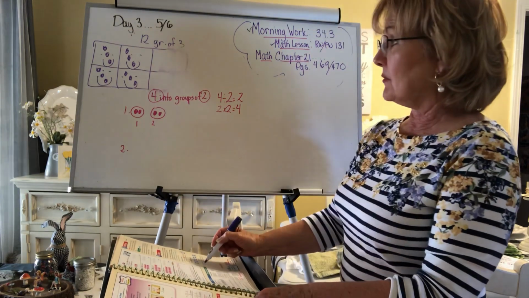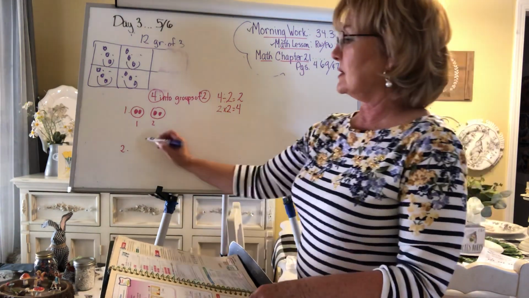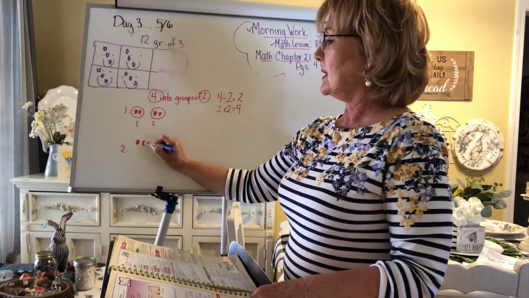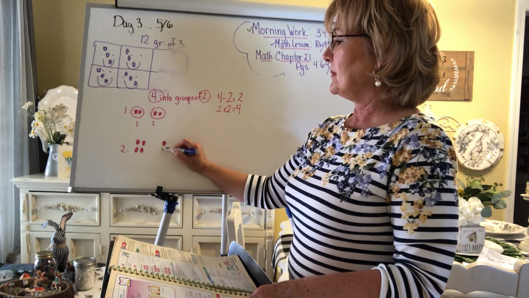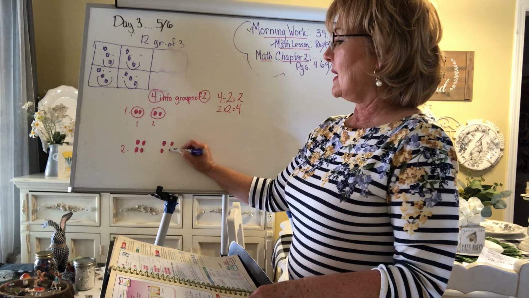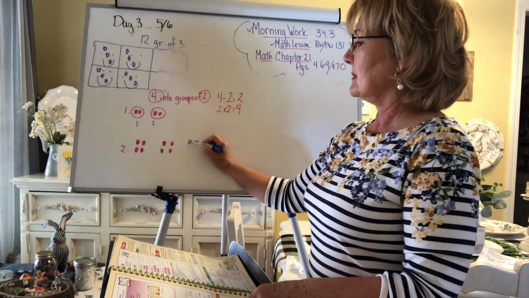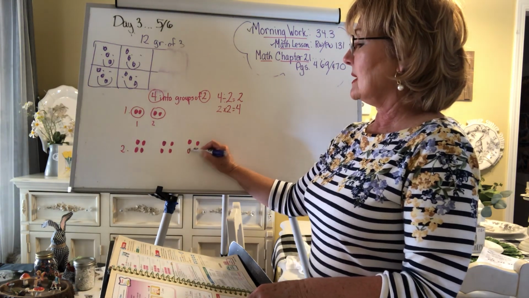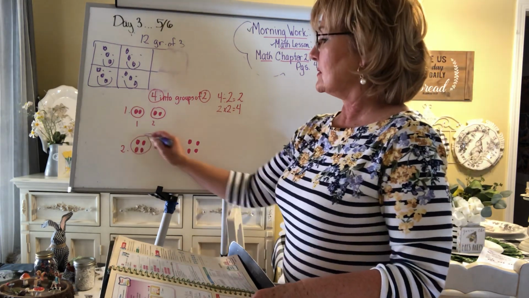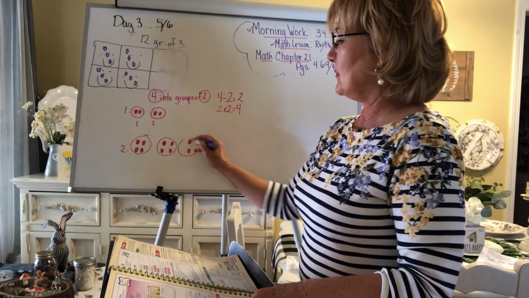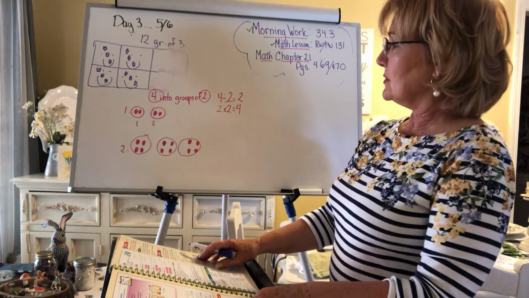Divide 12 into groups of 4, you know. So just make a group of 4 and see if you can count by 4s. 4, make a space, 8, 12. Circle your groups of 4. So what would your number sentence be?